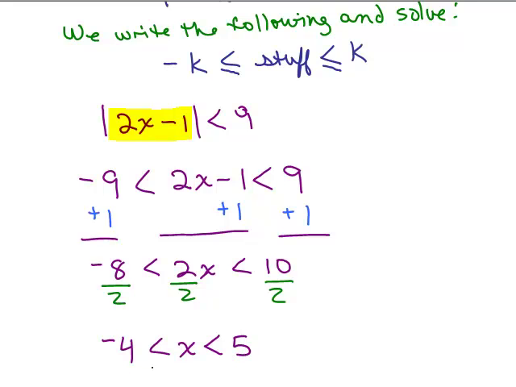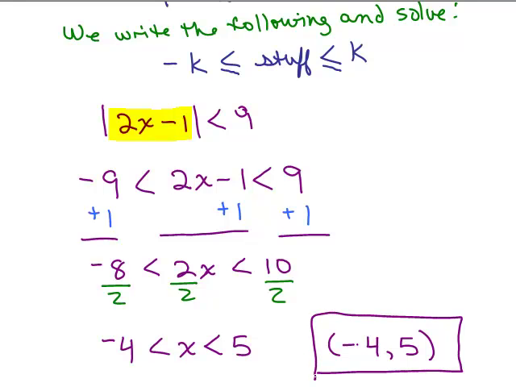All right, so what would this be in interval notation? The answer is between negative 4 and 5. So there is our answer in interval notation. And it's not an ordered pair, it's an interval. Remember, that means this is what the graph of the solution looks like. So let's say this is 0.